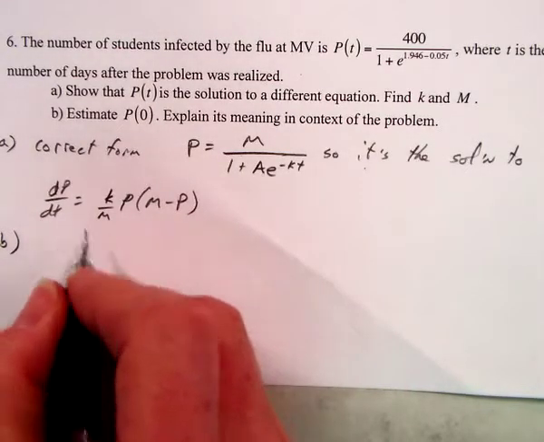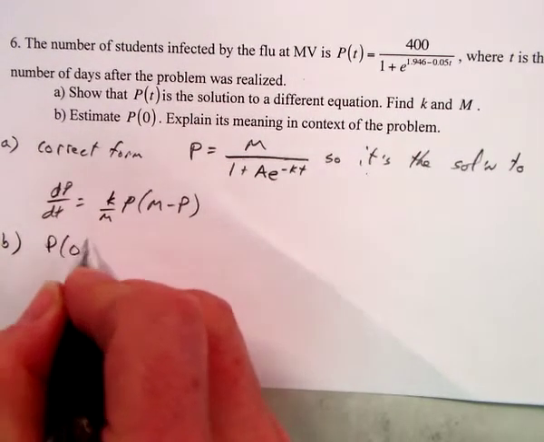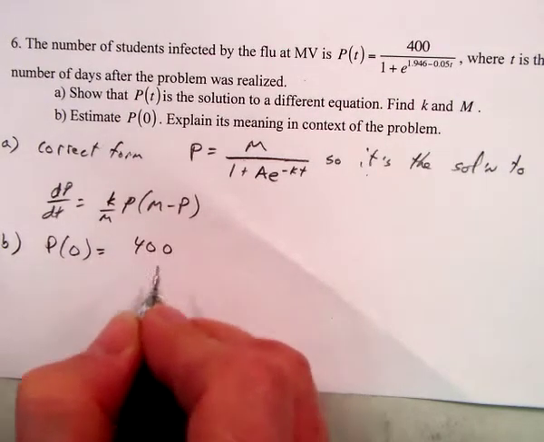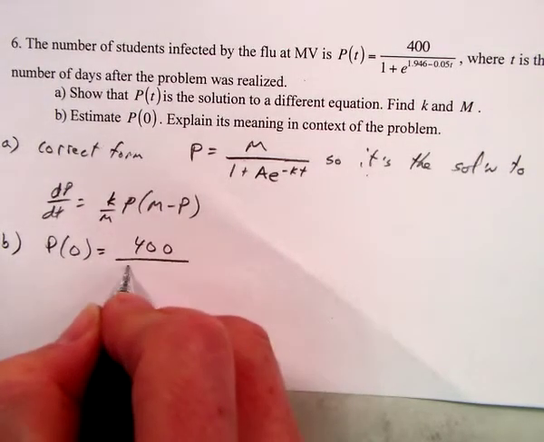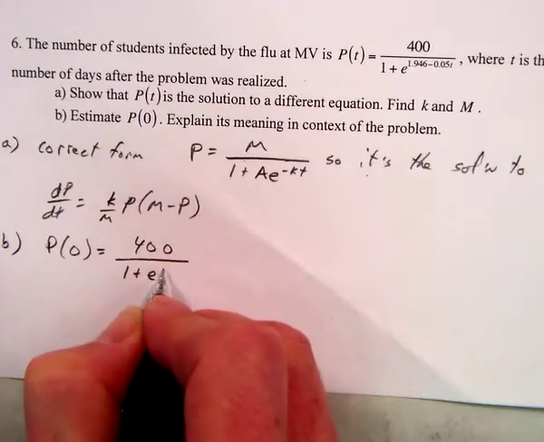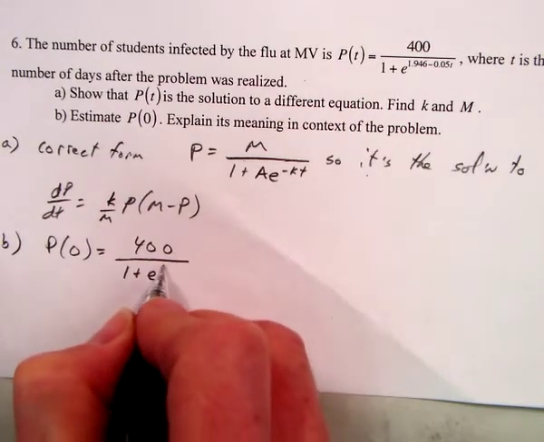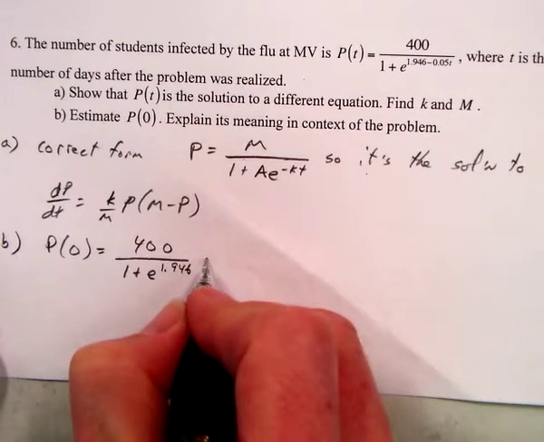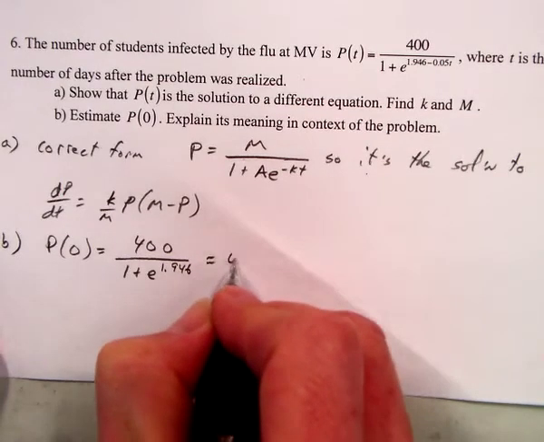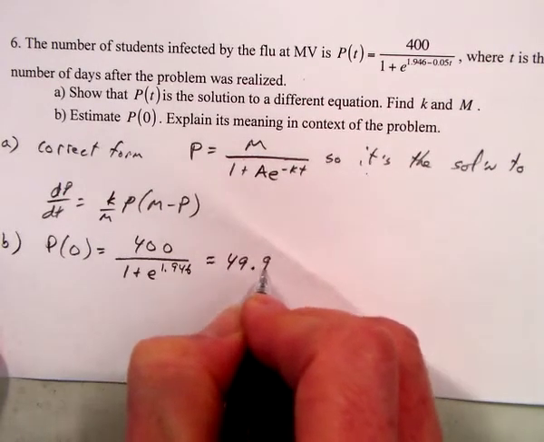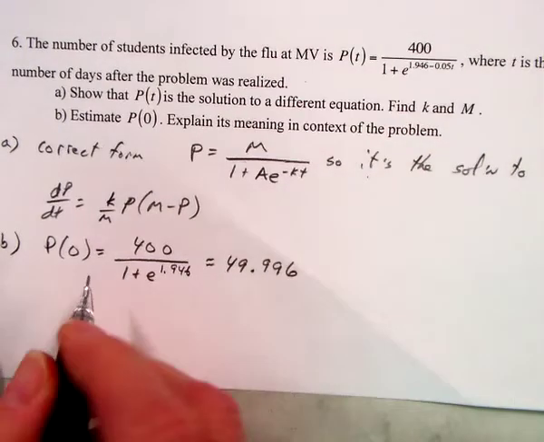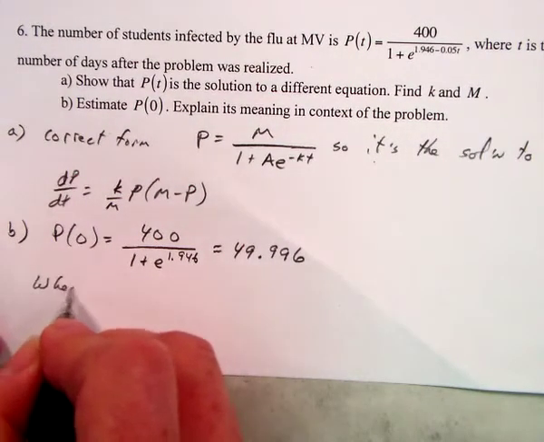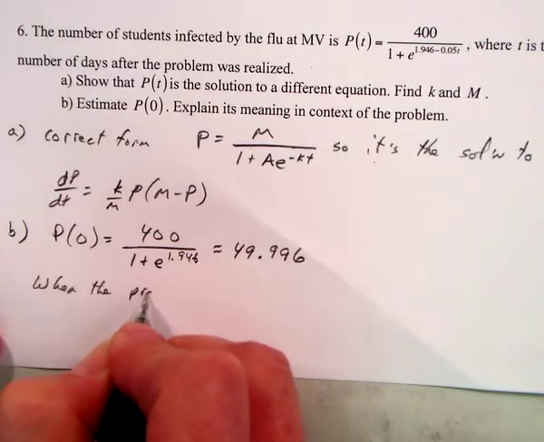So we're going to just plug in 0 into our equation. We're going to have 400 over 1 plus e to the 1.946, and when you take out your calculator and do that calculation, you get 49.996. So then we would give this answer clearly when the problem was realized.